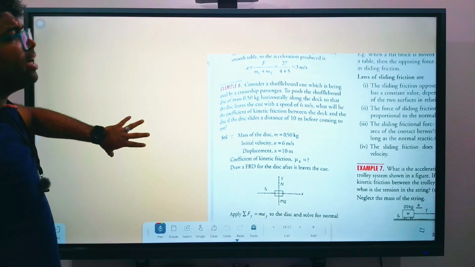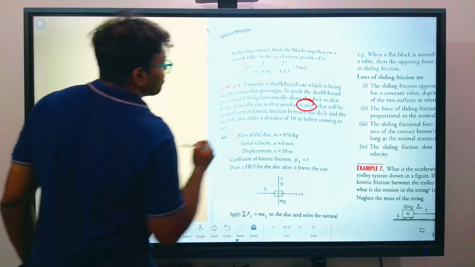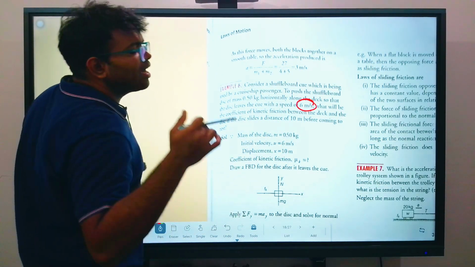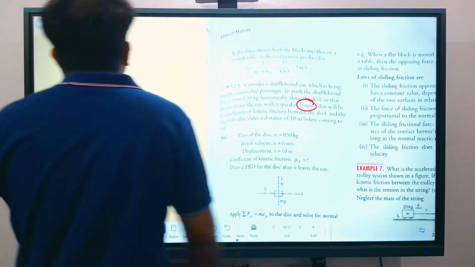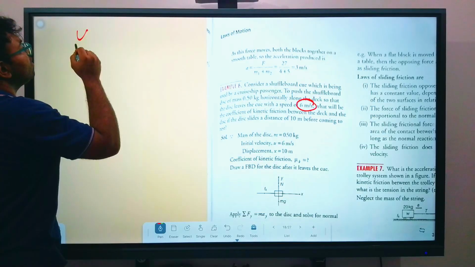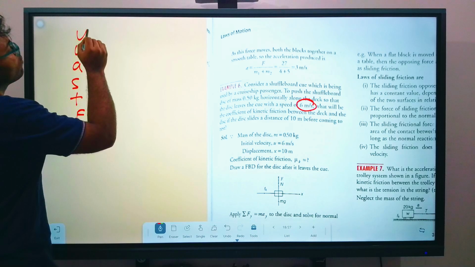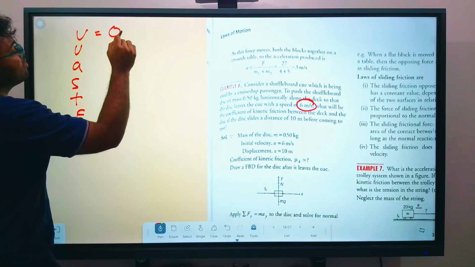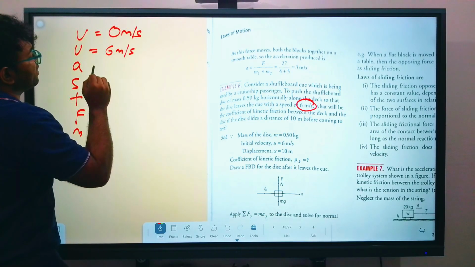Okay, so what was the initial velocity? The initial velocity was 6 meters per second. The final velocity, the disc is coming to rest on the deck. So I can write it as v, u, a, s, t, m. V is 0 meters per second. U is 6 meters per second.